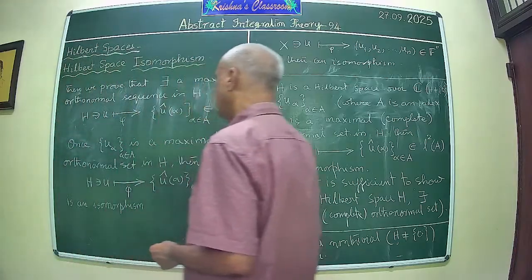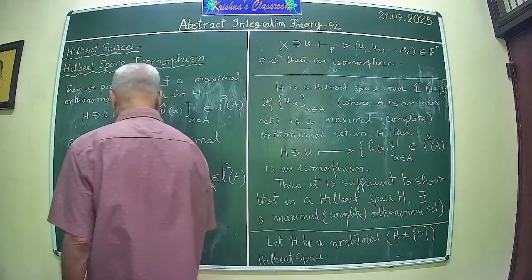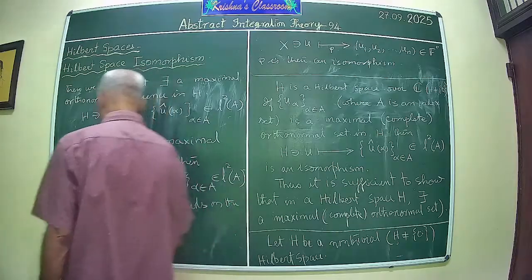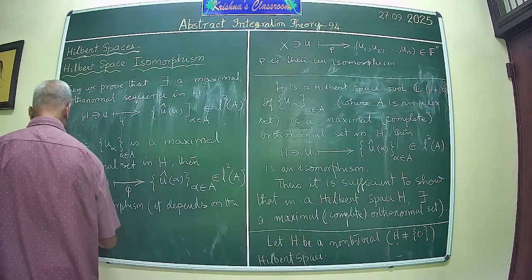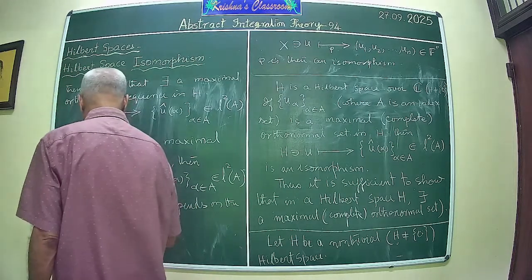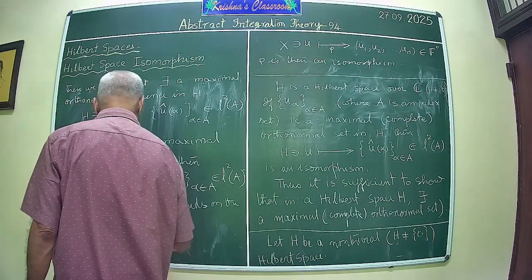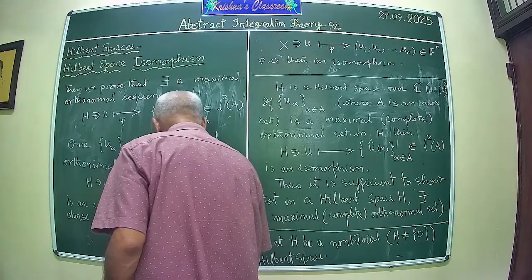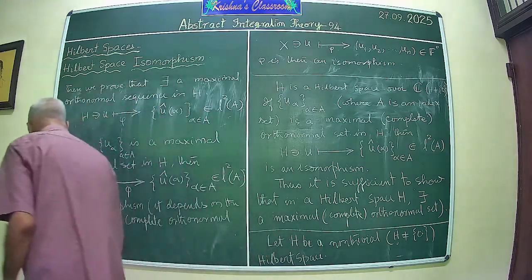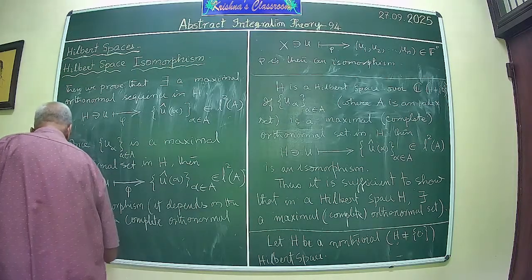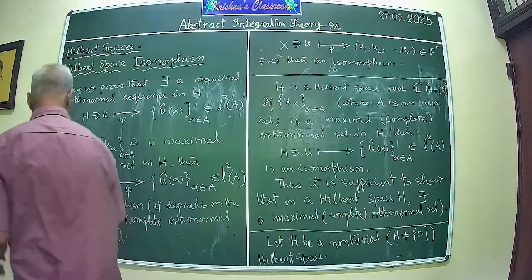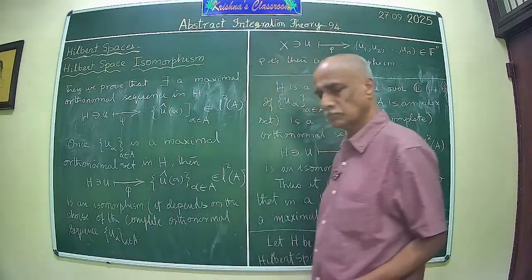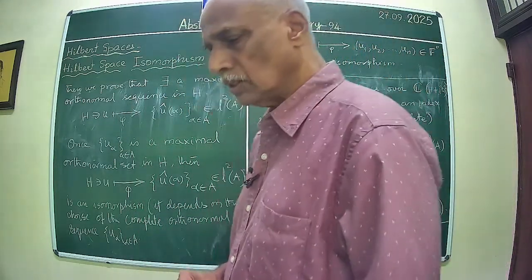It is obviously not unique because it depends on the choice of the complete orthonormal set. So what do we have to prove?